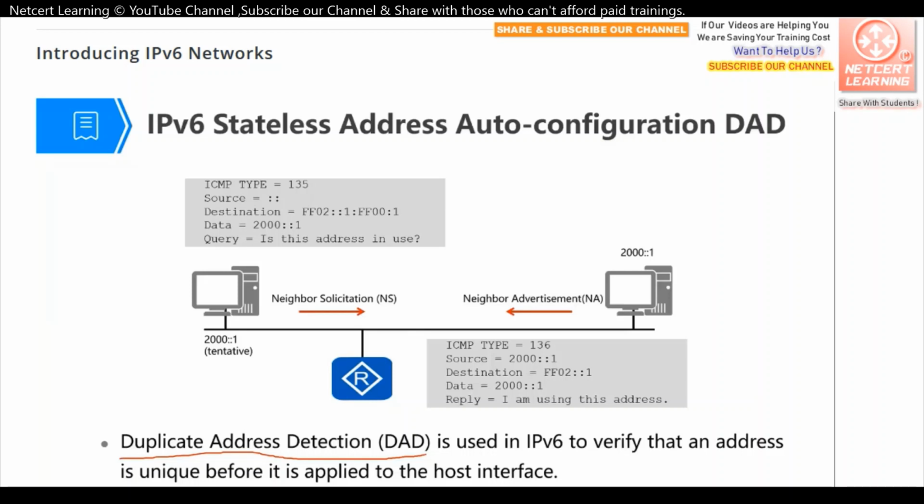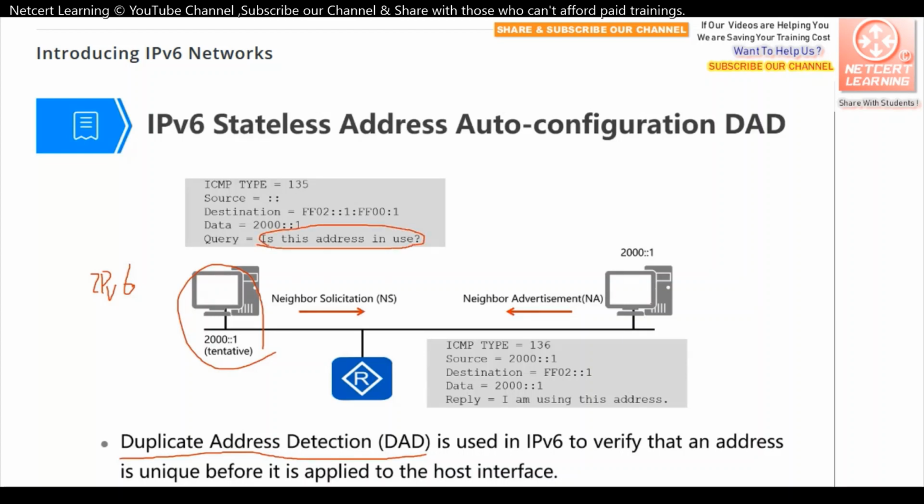This is used to check if there are some hosts in this network using the same IPv6 address as this host. So after we generate the IPv6 address, we will send the NS packet to this network to ask, is this address in use? To ask if anybody is using this address.